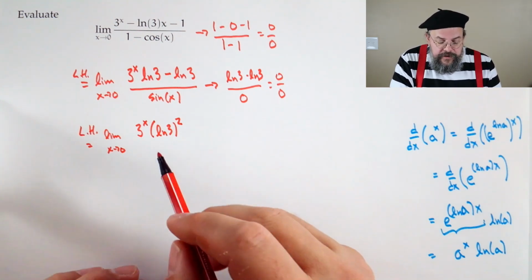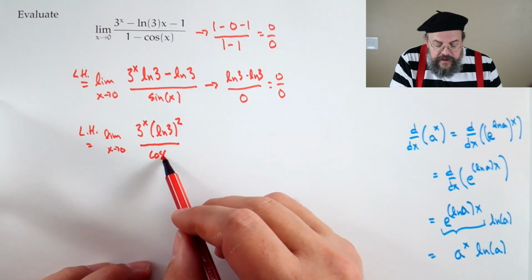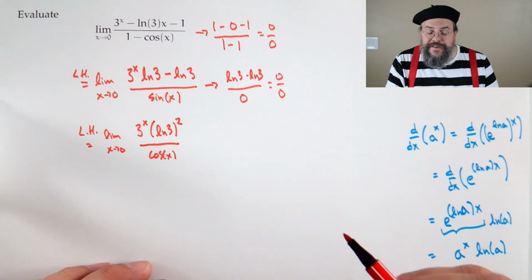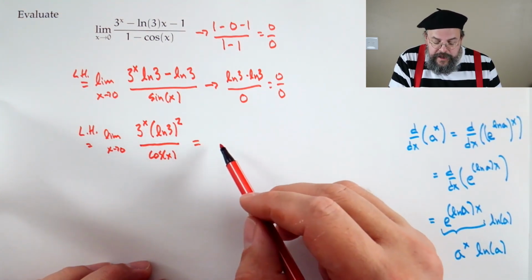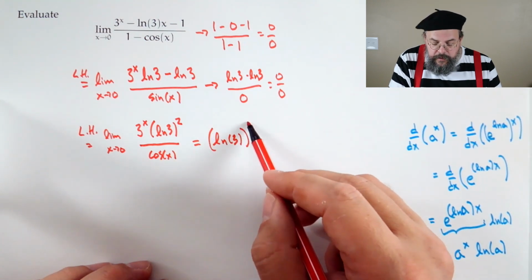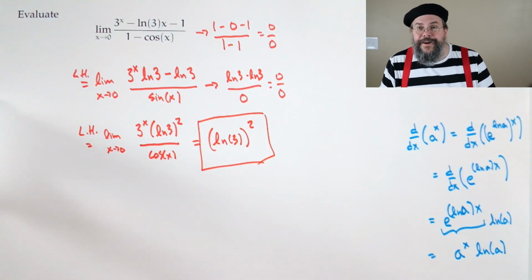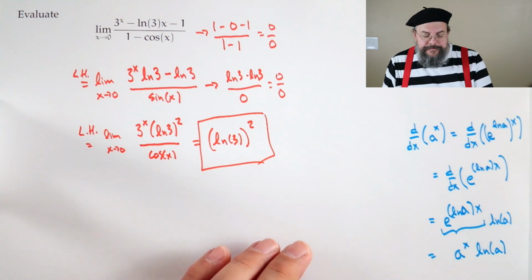So, all right, that part goes away. And then the derivative of sine is cosine. All right, so now, no problems when we plug in 0. So 3 to 0 is 1, cosine of 0 is 1, so we end up with the natural log of 3 quantity squared. And that's the answer. Beautiful. Nice problem. Good stuff.